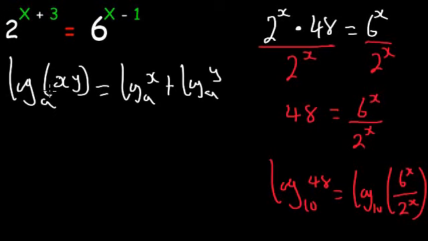Similarly, if x and y are dividing one another, it's going to be the same thing, but with a changing sign, and the sign is just going to be negative.